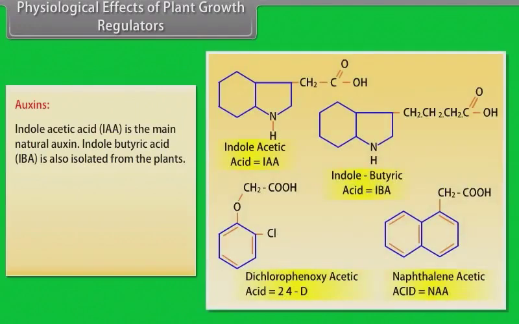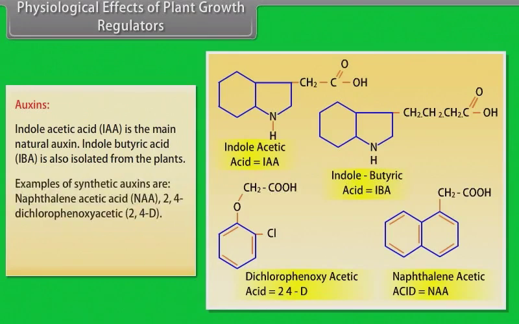Indole acetic acid is the main natural auxin. Indole butyric acid is also isolated from plants. Examples of synthetic auxins are naphthalene acetic acid, 2,4-dichlorophenoxyacetic acid. All these auxins are very useful in the agricultural field.